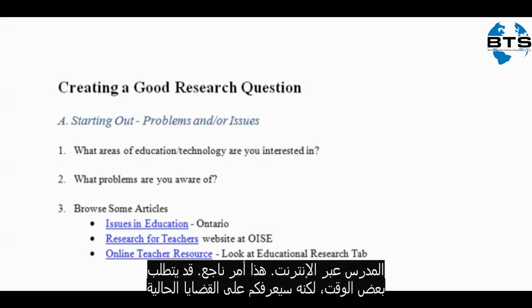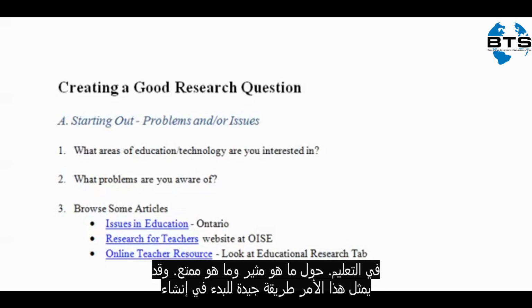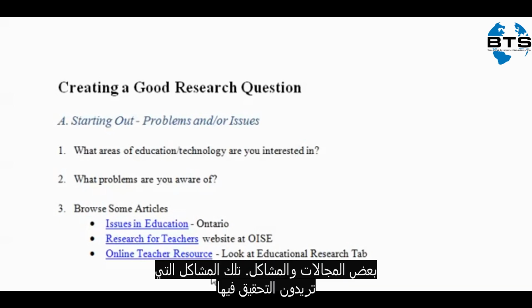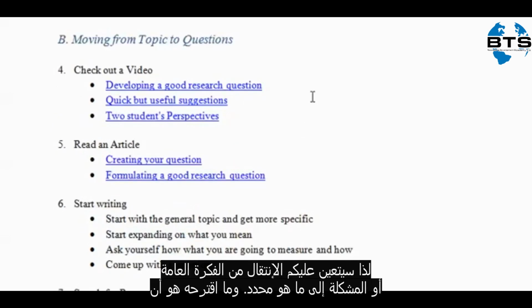And that might help you. That'll take a little bit more time, but it'll sort of cue you into current issues in education, what's hot, what's interesting. And that might be actually a very good way to start generating some areas and problems that you might want to investigate. So you have to move from that general topic or problem into something more specific.